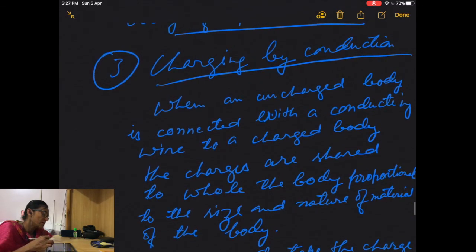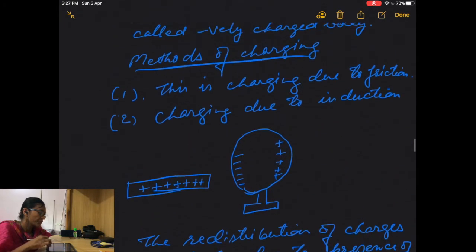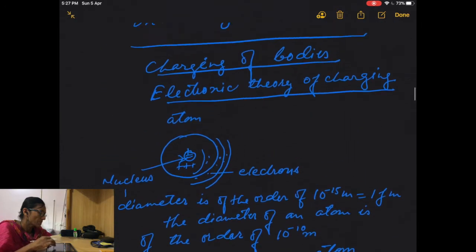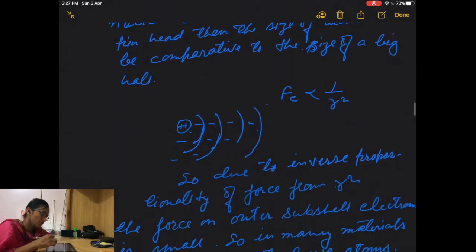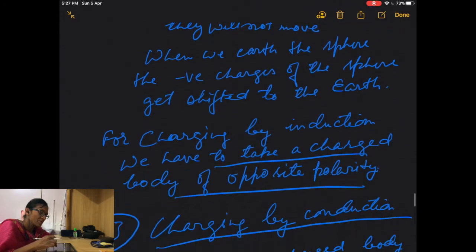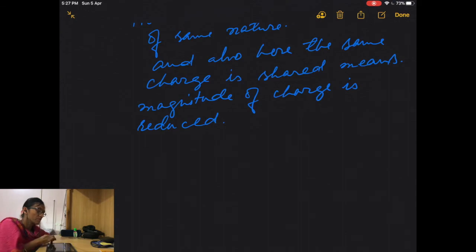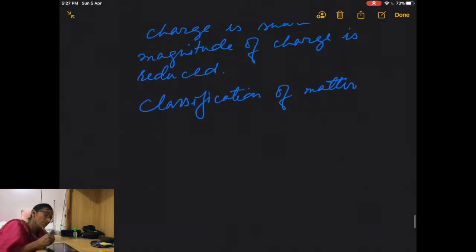So method of charging, before that we did the electronic theory of charging. Okay. Method of charging now next. Classification of matter on the basis of conduction.